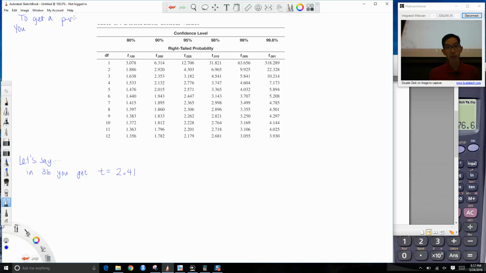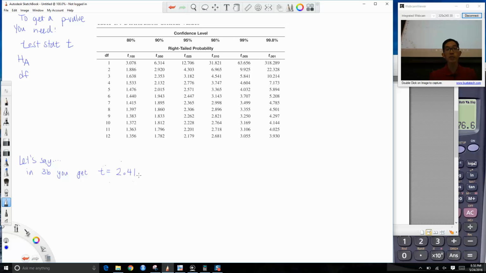To get a p-value, you need your test statistic t, the alternative hypothesis, whether it has a greater than, less than, or not equal to, and then you also need your degrees of freedom. These are the 3 things you need.